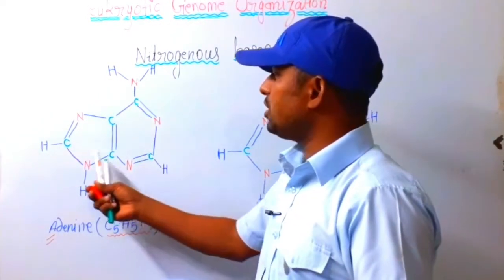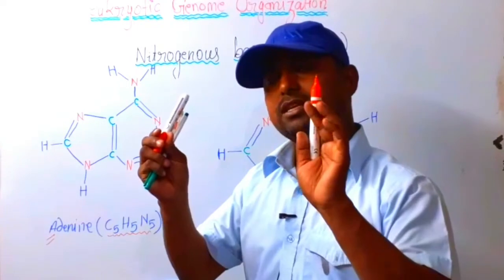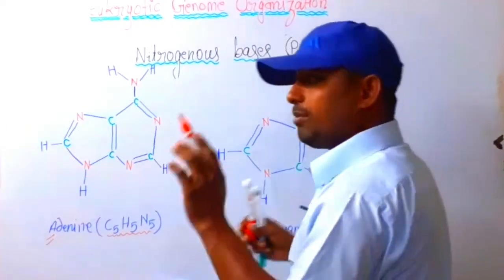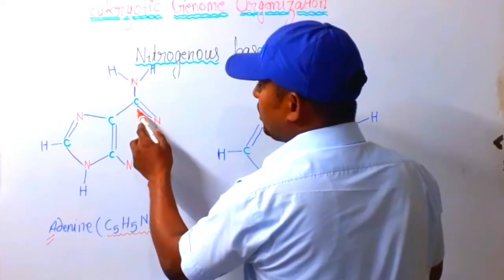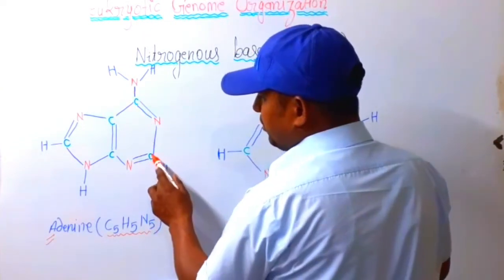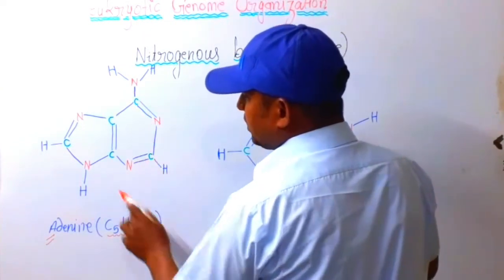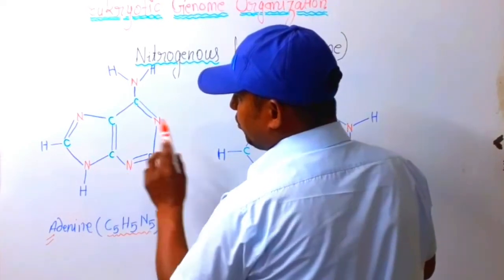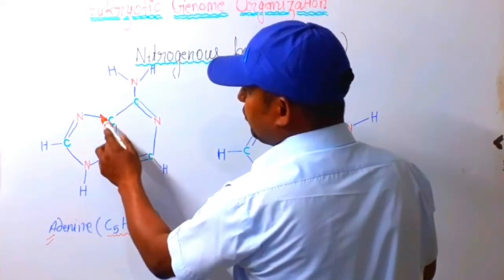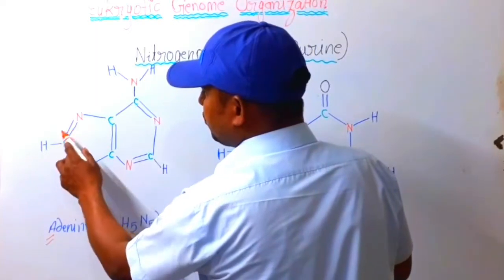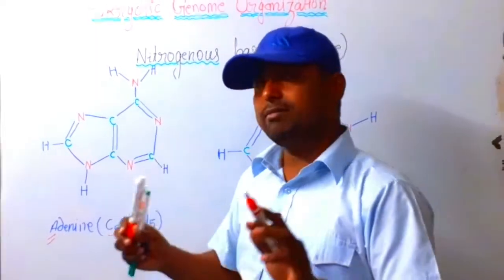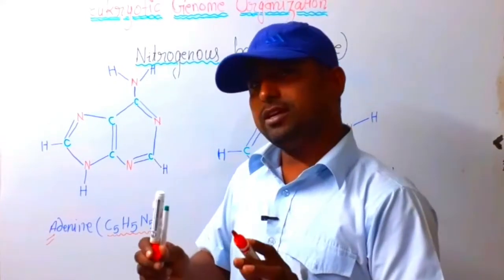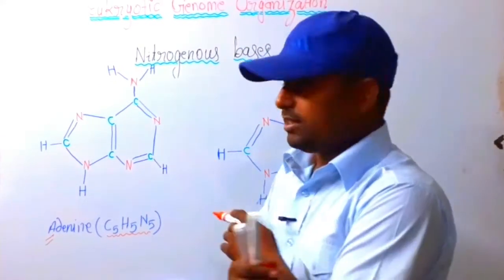All nitrogens here have the correct valency. While carbon has 4 valency, it is also counted here: 1, 2, 3, 4. Each carbon has 1, 2, 3, 4. It means all carbons also have 4 valency.